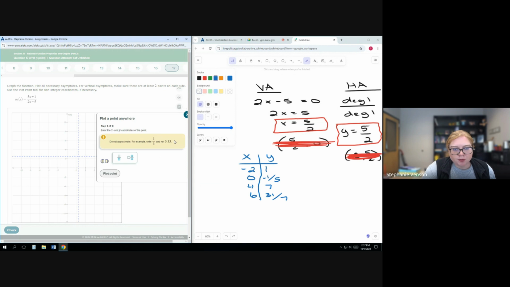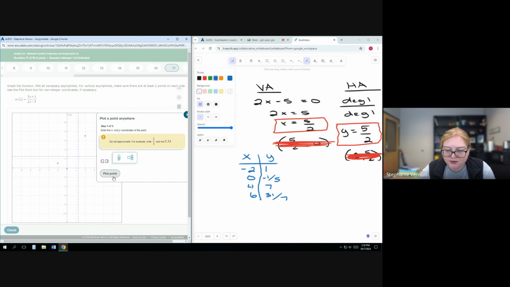So we'll just use the plot a point tool. It looks like we have -2, 1, plot a point. Then we have 0 and -1/5, plot a point. Then we have 4, 7, plot the point.